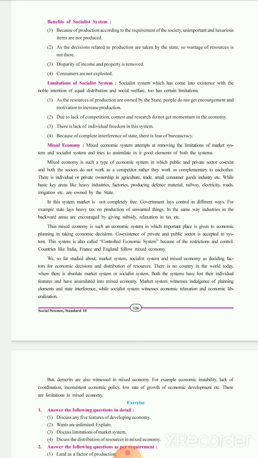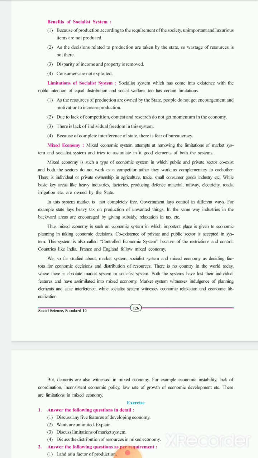Countries like India, France and England are following the mixed economy. So these were the three systems of allocating the resources. Well, we had a study about the market system, socialist system and mixed economy, which are the deciding factors for economic decisions and distribution of resources.